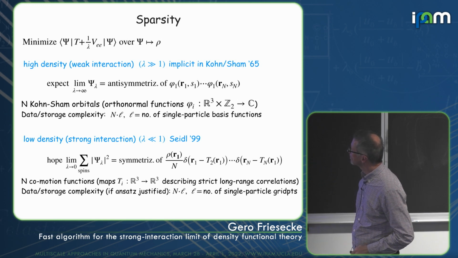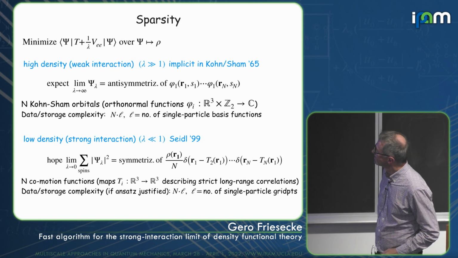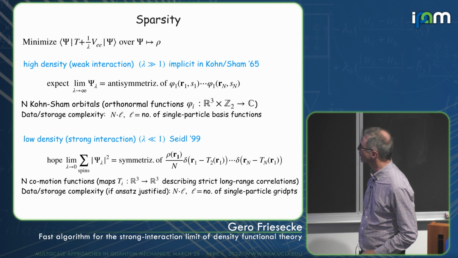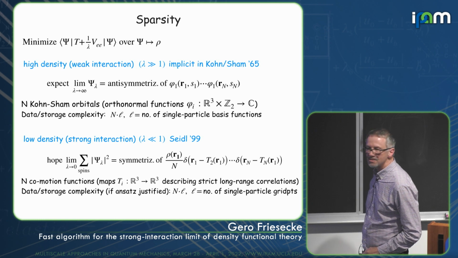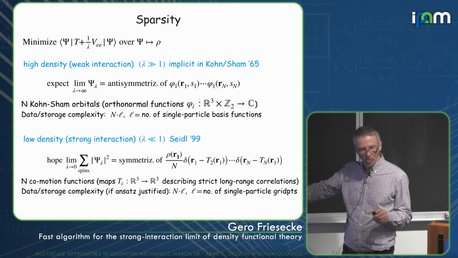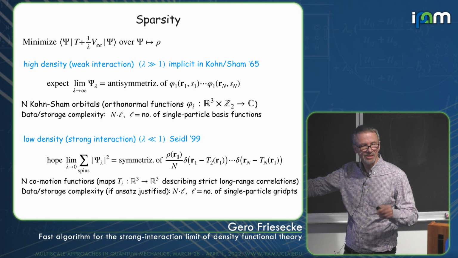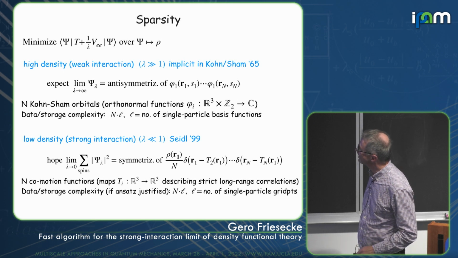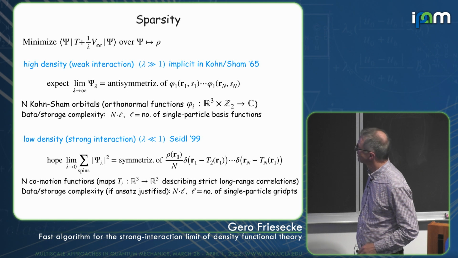Okay, and so now let's do the data complexity here. You have n co-motion functions, which are maps from R3 to R3, describing strict long-range position correlations, non-local correlations, strict in position. And so the data complexity, if the ansatz is justified, would again be n times L. Why?